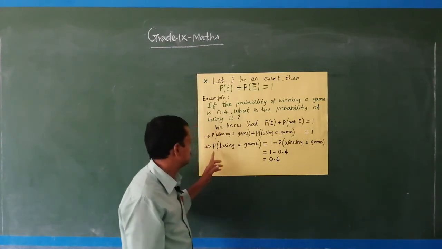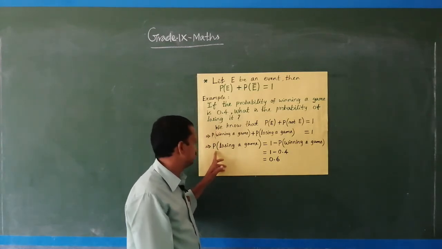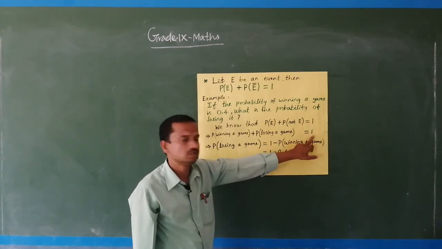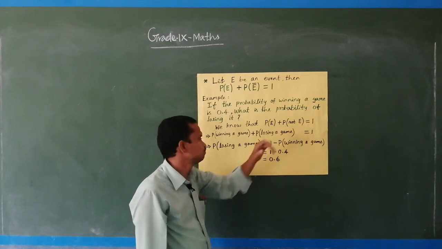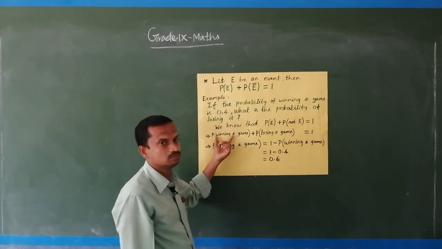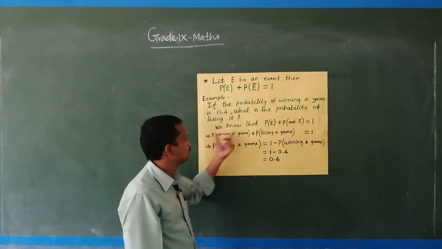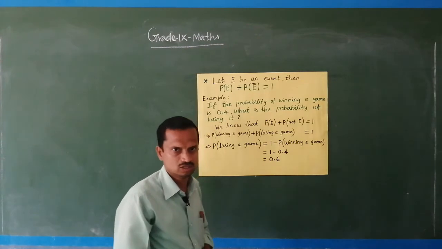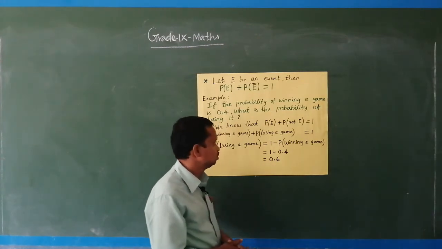So, the probability of losing a game is equal to 1 minus P of winning a game, because here it is plus.